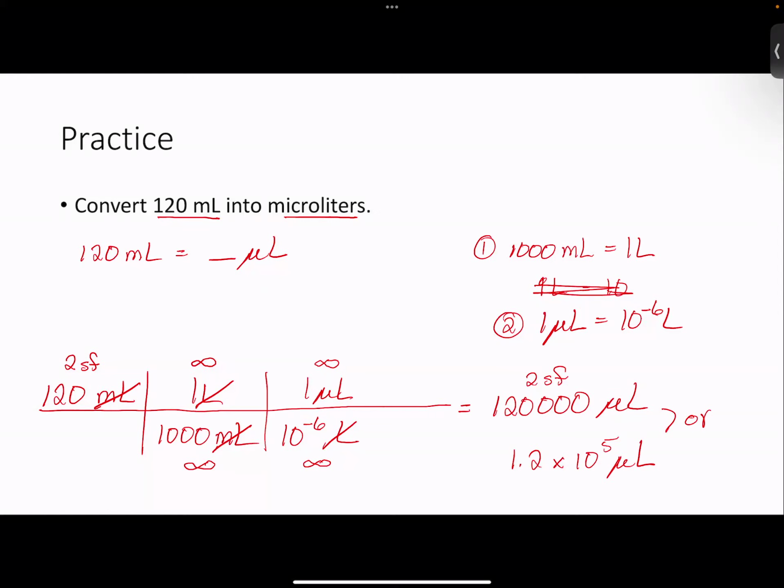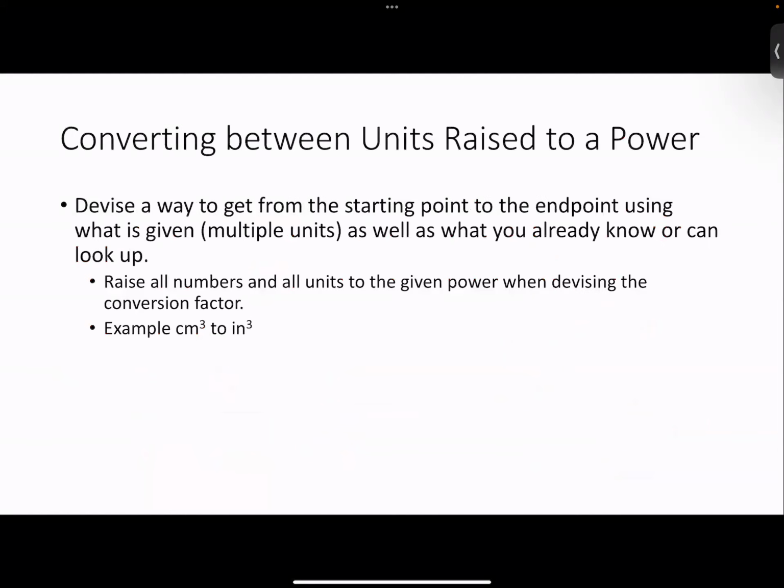Questions? Let's look at another example.